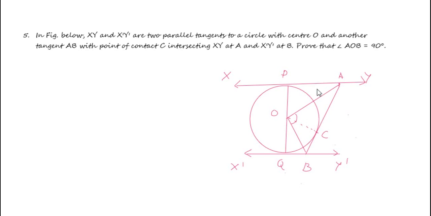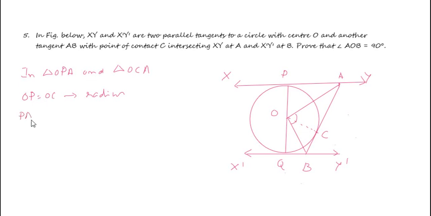Now let us consider the triangles OPA and OCA. In triangle OPA and triangle OCA, OP equals OC, both are radius.